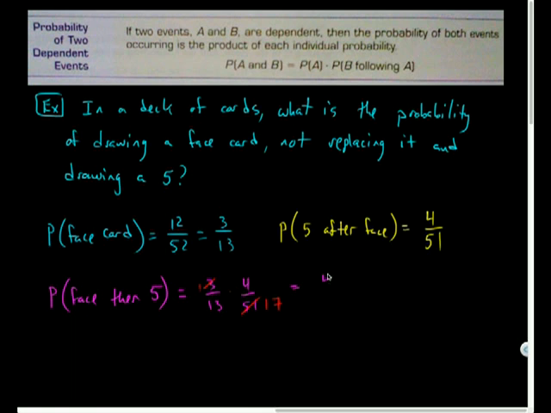So 1 times 4 is 4. 13 times 17 is 221. There we go. There's a reduced answer. So there's the probability of this occurring one after the other without replacement. Because there was no replacement, that's why this was a dependent situation, right? And we saw that in the change in the denominator.